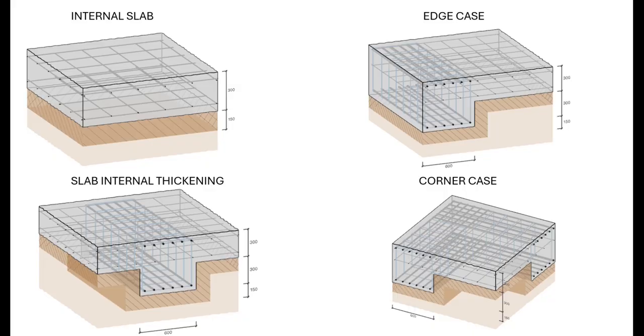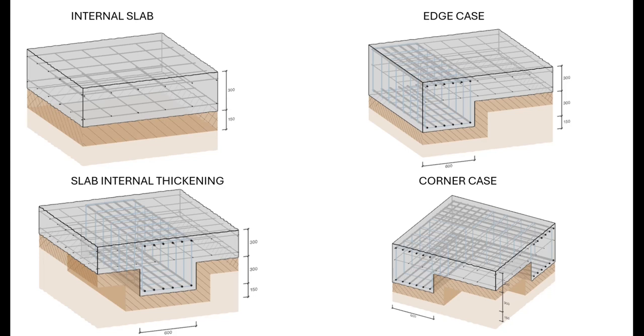We have 4 types of situations which we can check in our software. These are 3D diagrams showing geometry. I am not showing loadings here, it's just to show the idea. So we have internal slab. This is just a ground bearing slab, loaded mostly with uniformly distributed load, but you may try to check it as well for some line loads and point loads which are not heavy, like non-load bearing partitions, and it may work.